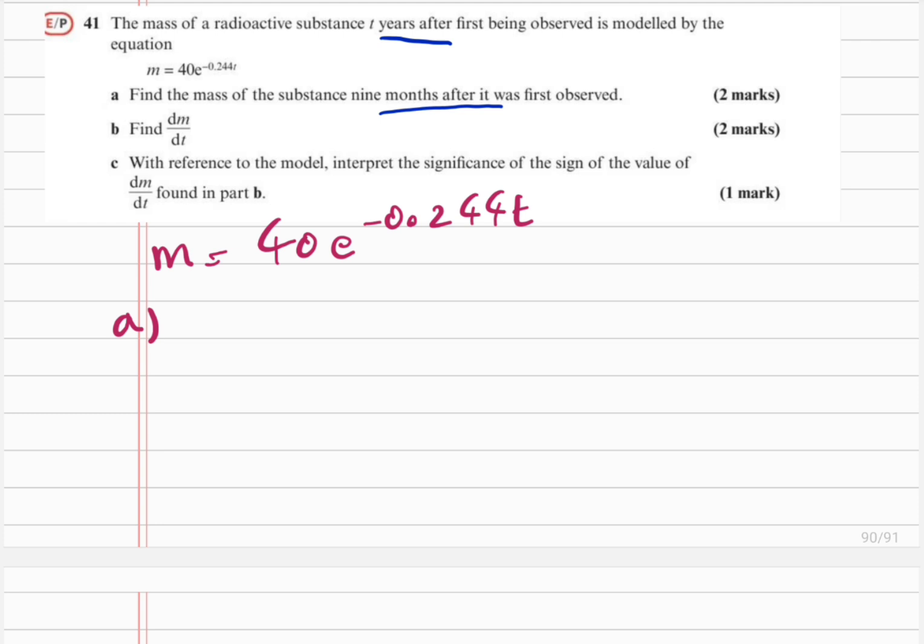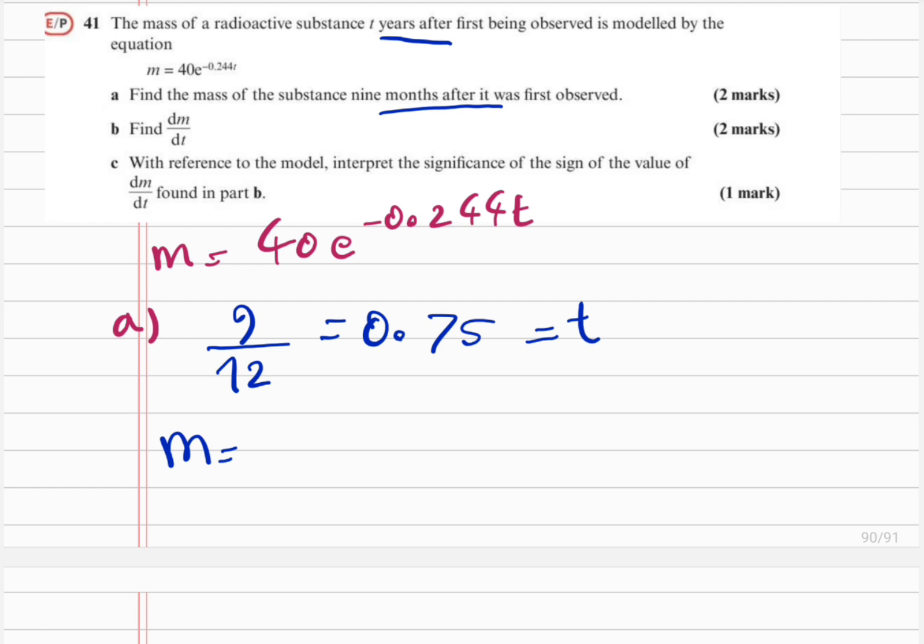We need to see how 9 months can be written in terms of a year, and that's 9 over 12, which is equal to 0.75. So 9 months is equal to 0.75, and that's the value of T for part A.